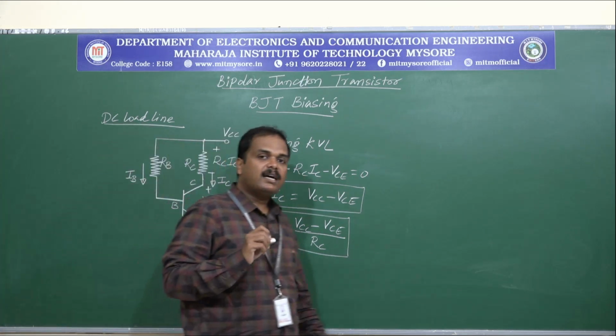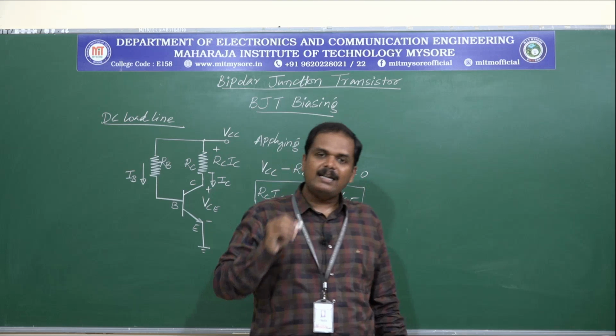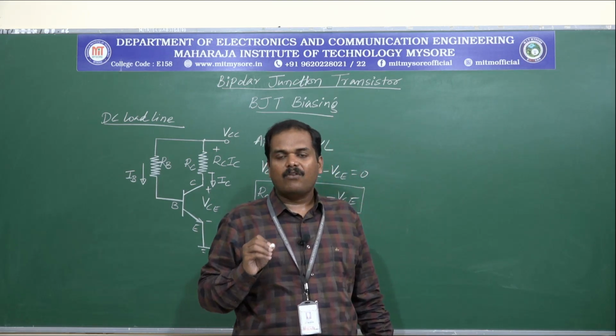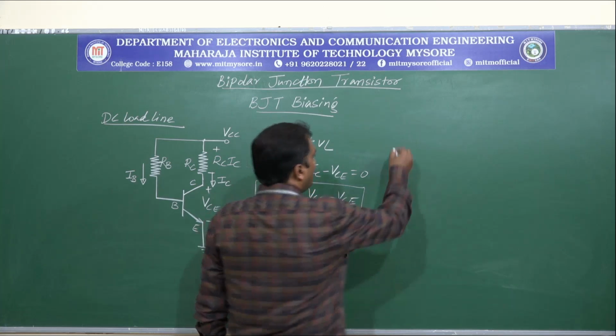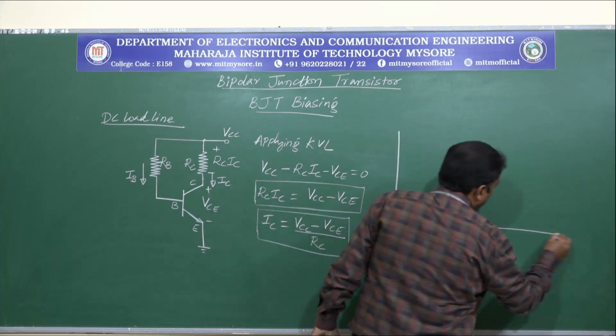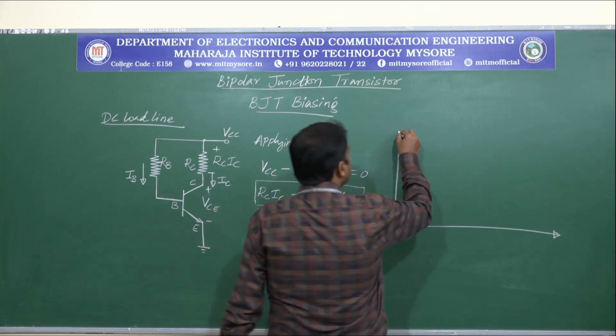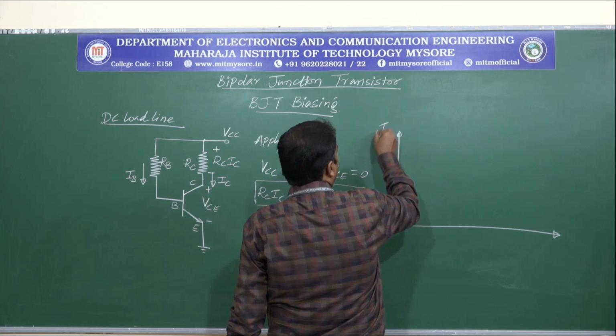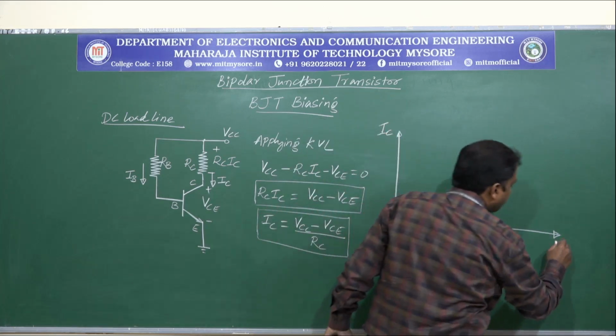Now as I said, this DC load line is a straight line drawn across the output characteristics of the circuit. So let us draw the output characteristics. This output characteristics is the IC versus VCE curve.